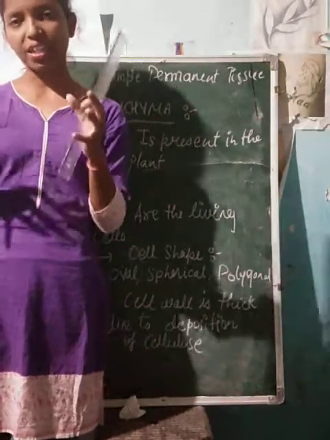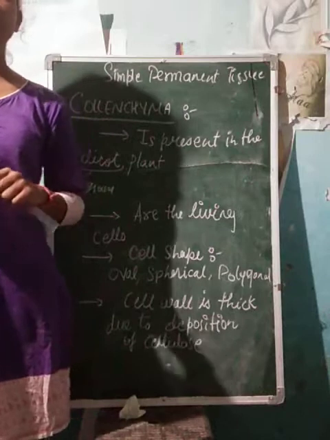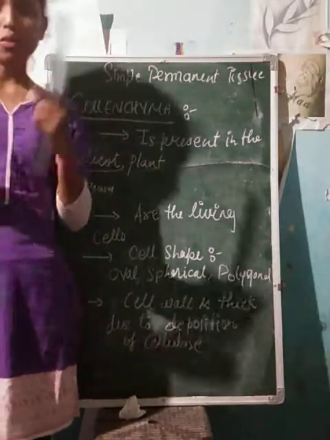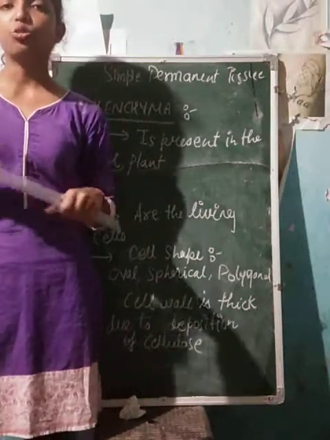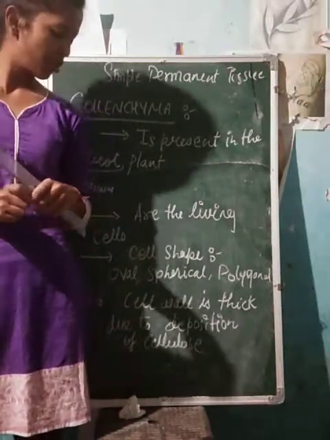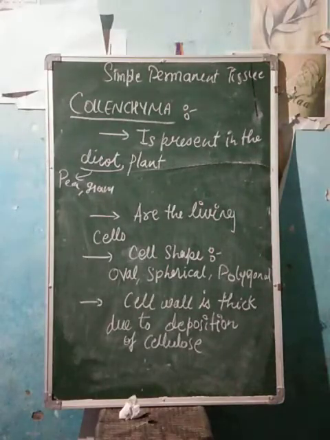At various places it is thick due to the deposition of cellulose on its surface. Not everywhere will it be found thick, but at some places it will be thick due to the deposition of cellulose. Okay, we will see the function of it now along with the intercellular space. If you are talking about the intercellular space, that is absent here.